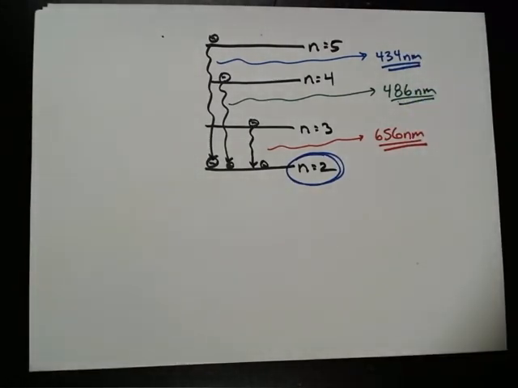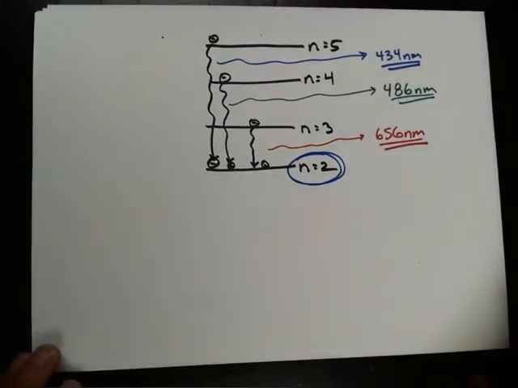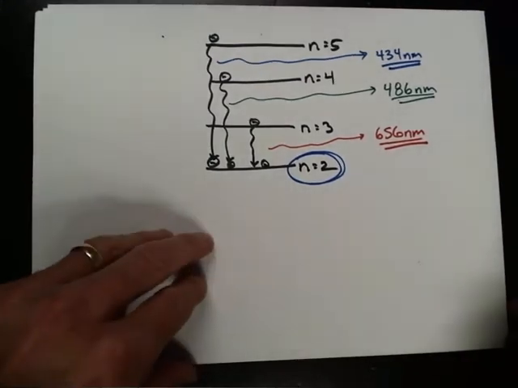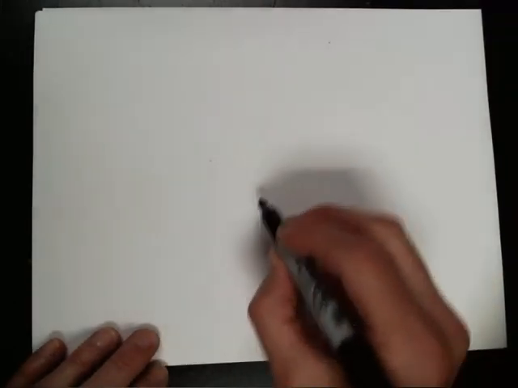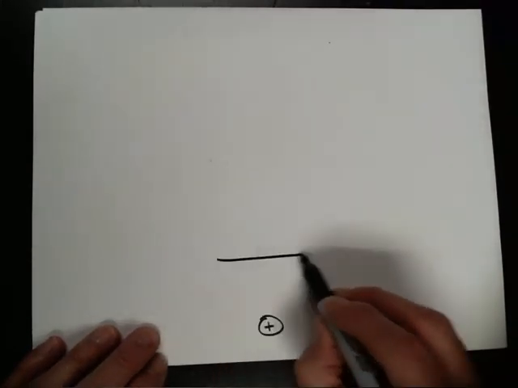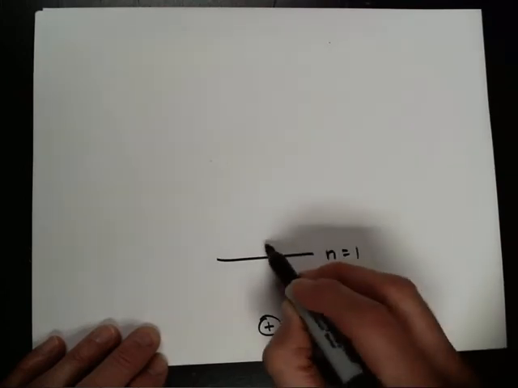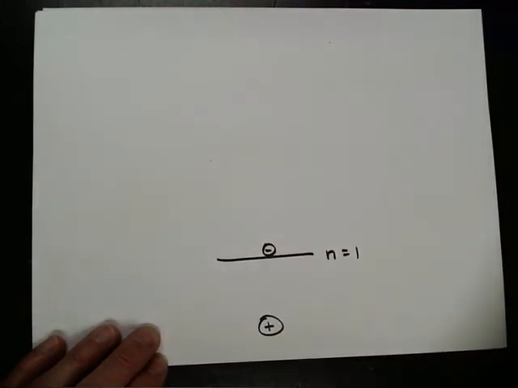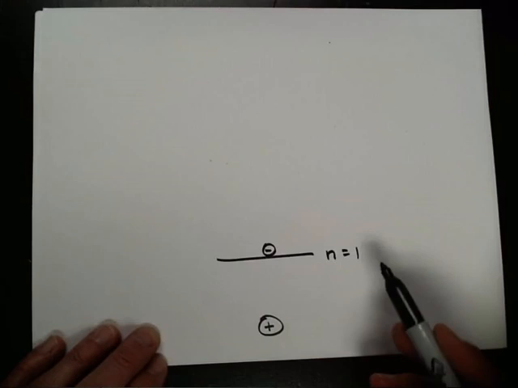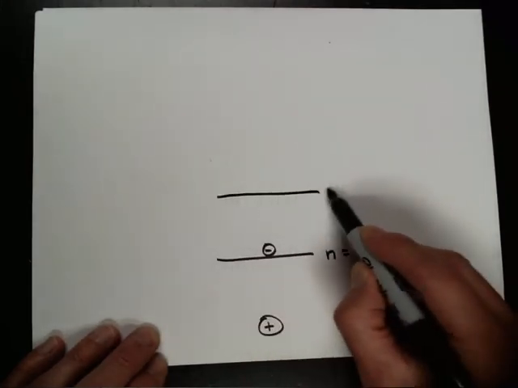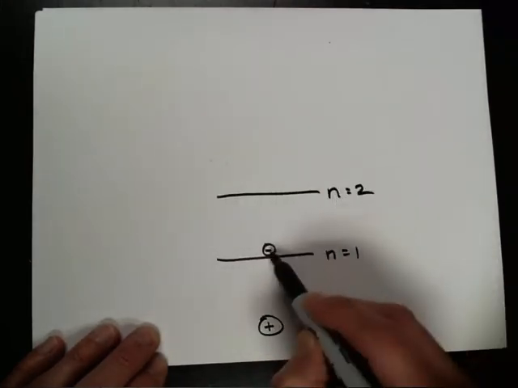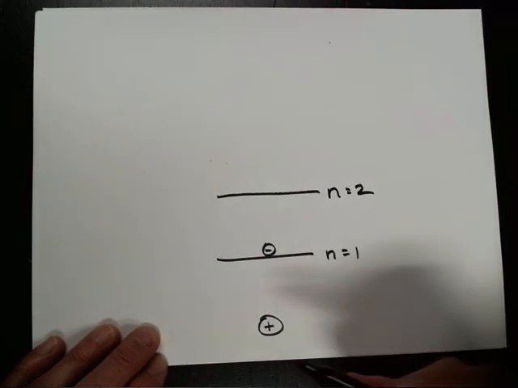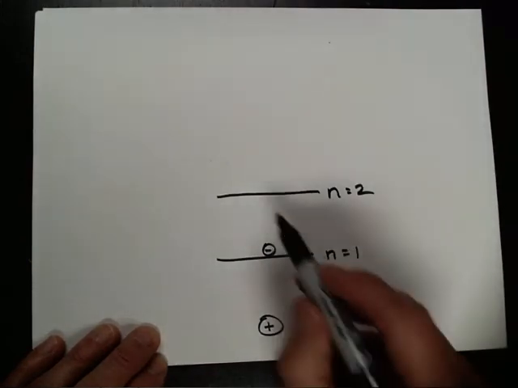So the Bohr model of the atom has this basic idea, this basic structure, where you have a solid, dense nucleus, and the electron is usually in the ground state n equal 1 level. Of course, we can calculate this energy. And then there are higher energy shells. If the electron goes into one of these higher shells, we say that the electron is in an excited state.